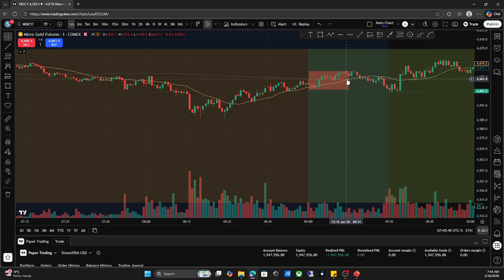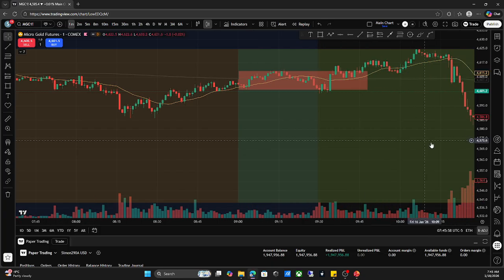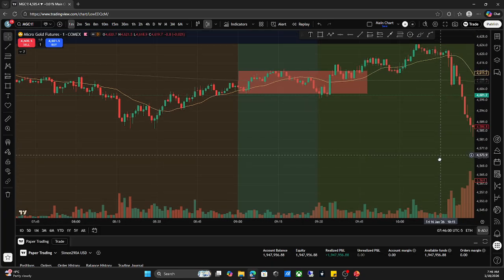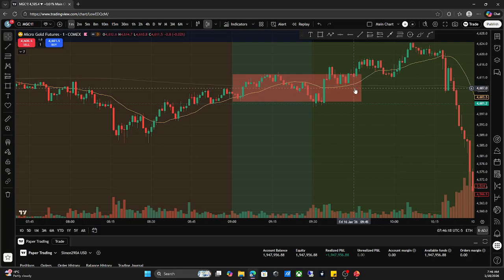Now what you do is extend this until it crosses. Basically here it crosses to the downside and comes back to the middle and retests it. So the middle of the 15-minute open range also acts as resistance.